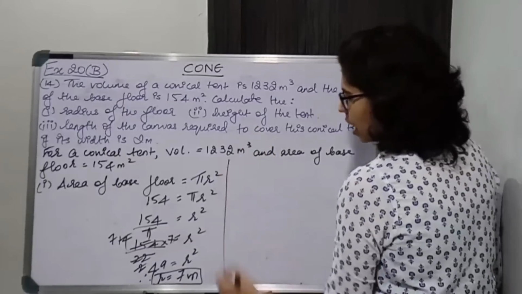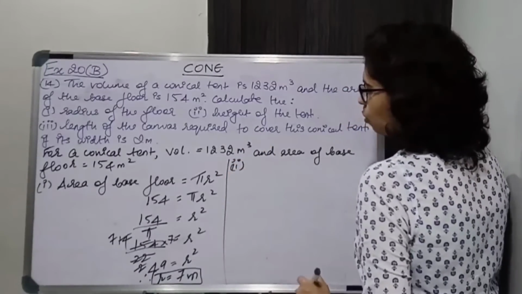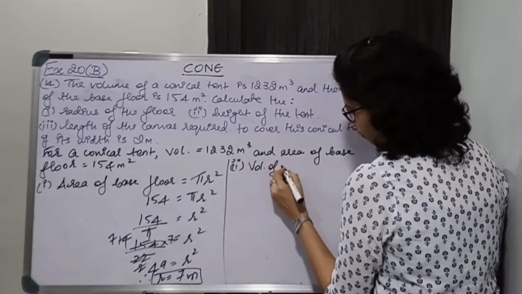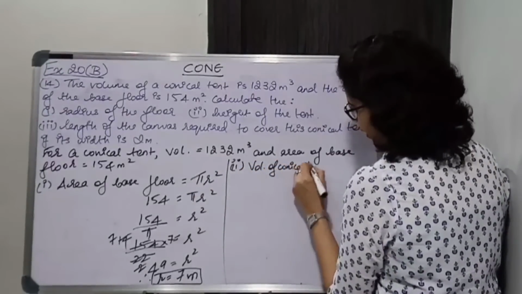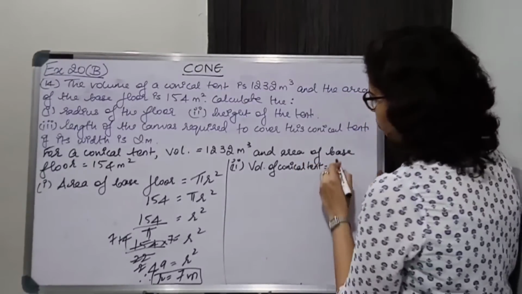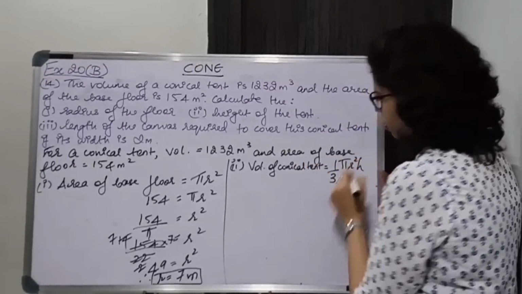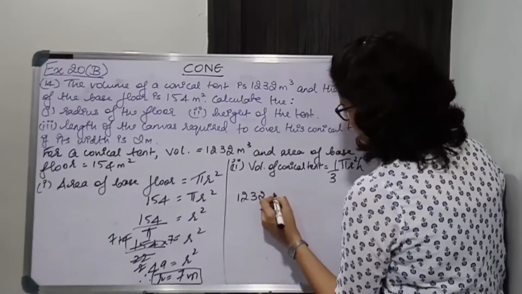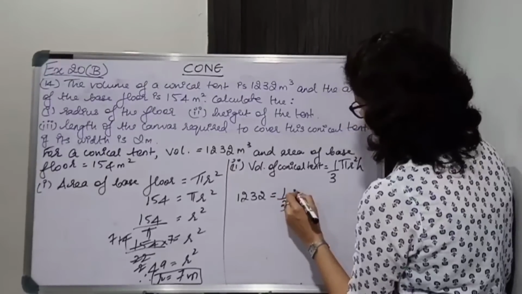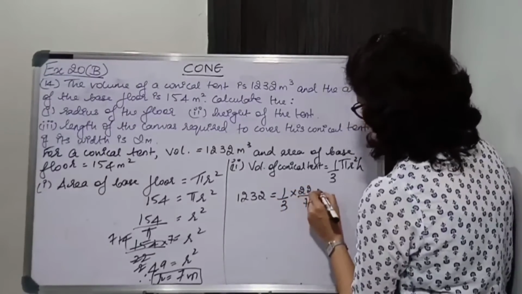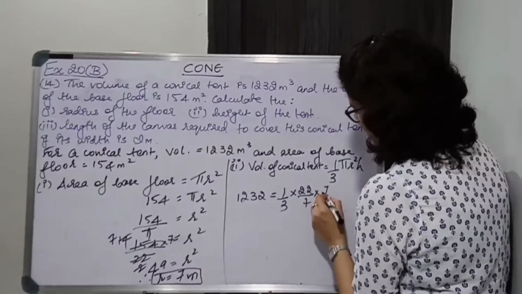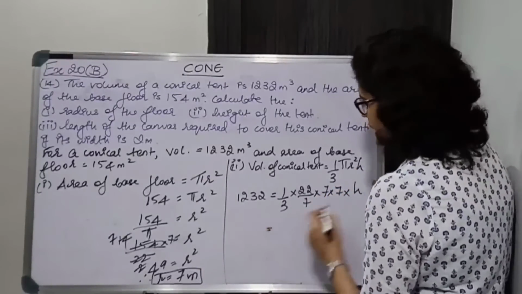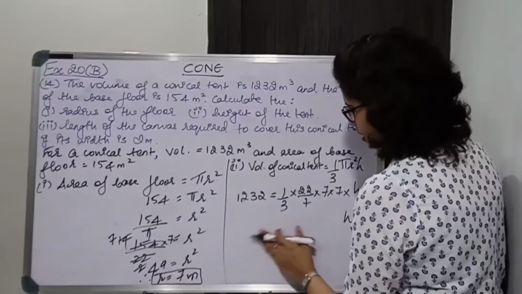Now we have to find height. So for this we'll use volume. Volume of the conical tent is 1/3 pi r square h. Volume is 1232, and this is equal to 1/3 into 22/7 into r is 7 into 7 into h, which we don't know, we have to find. So we'll keep h on one side and shift everything on the other side.